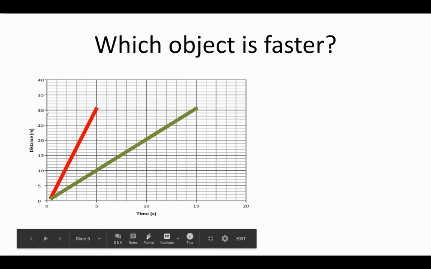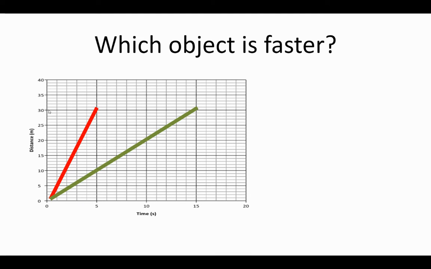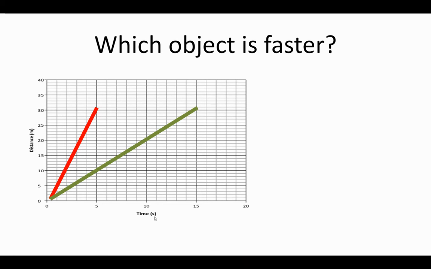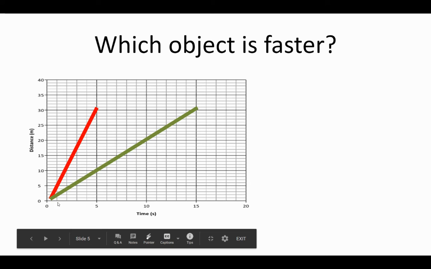Here you went 30 meters. Miles is MI. M is meters. We went 30 meters in 5 seconds. Here we went 30 meters, but it took us 15 seconds. This is faster. Okay?